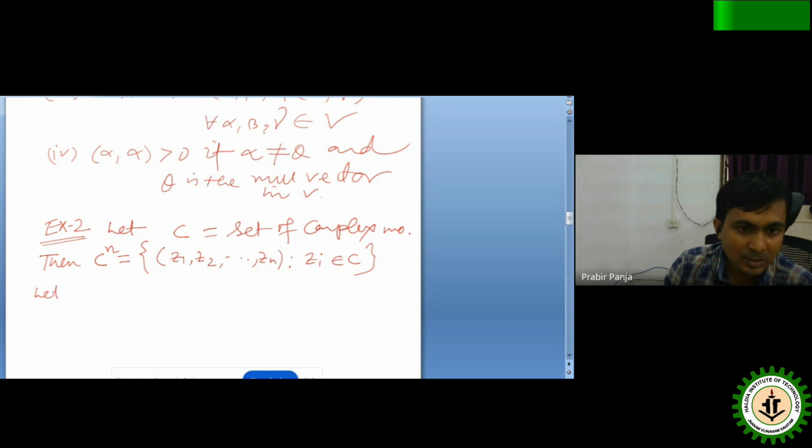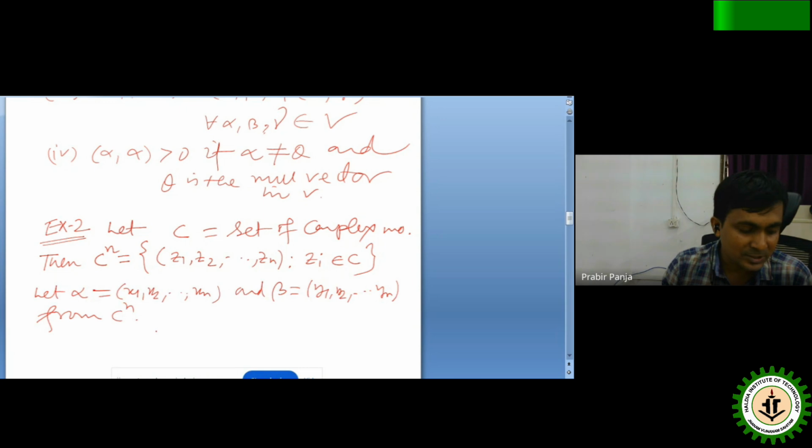Let alpha be the vector x1, x2, ..., xn, and beta another vector y1, y2, ..., yn from Cn.